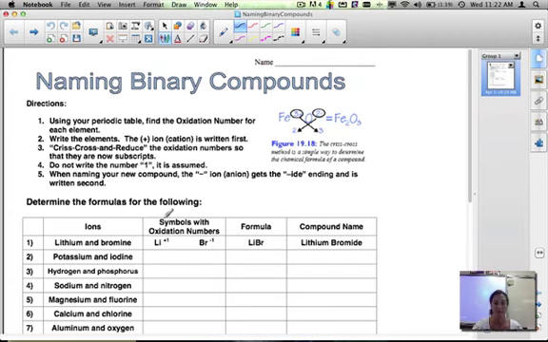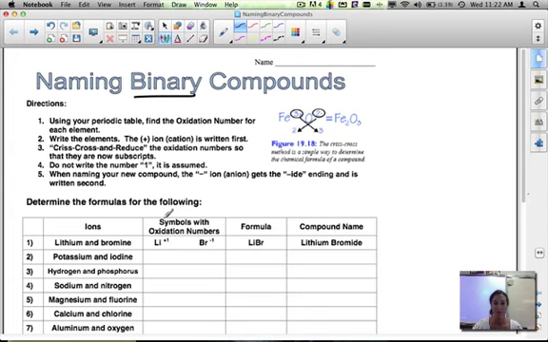Find iodine. It's in group 7A and has a negative 1 charge. So I look at my charges, and my charges are balanced, +1, -1. So that means I only need 1 of each.